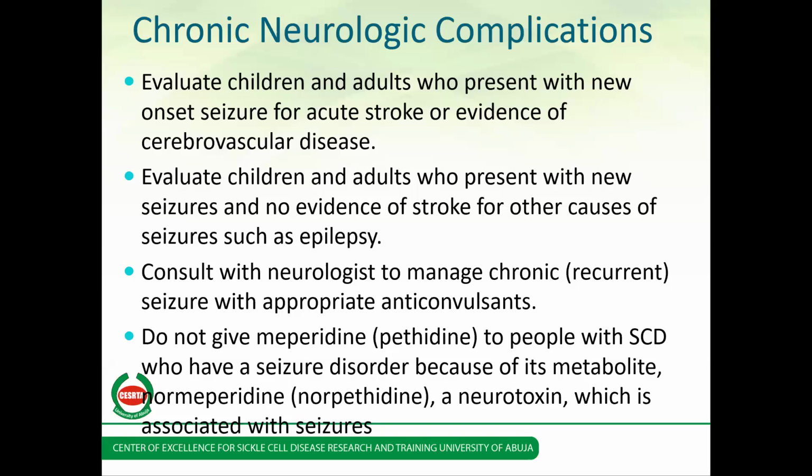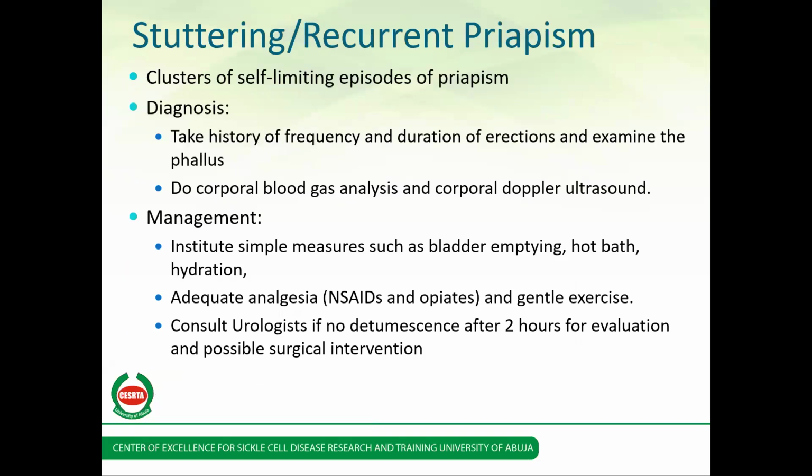Consult with neurologists to manage chronic recurrent seizures with appropriate anticonvulsants. Do not give meperidine or pethidine to people with sickle cell disease who have a seizure disorder because its metabolite, normeperidine or norpethidine, is a neurotoxin which is associated with the seizures.